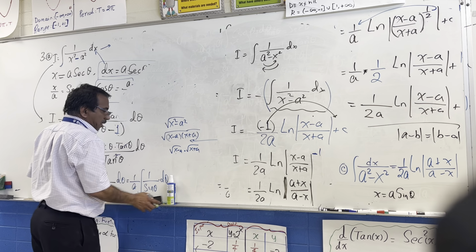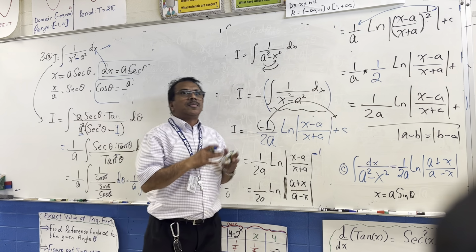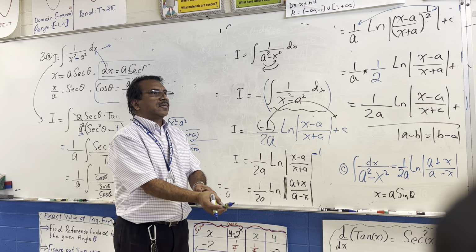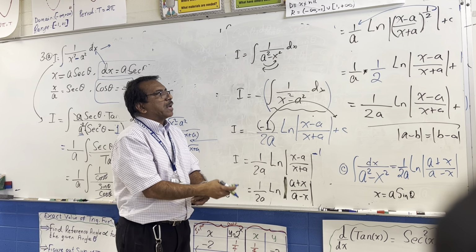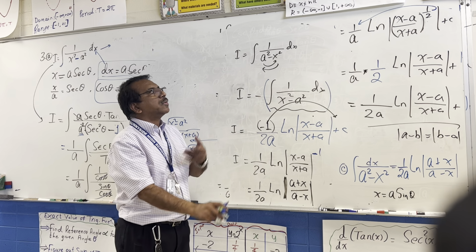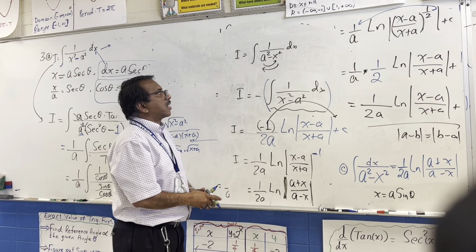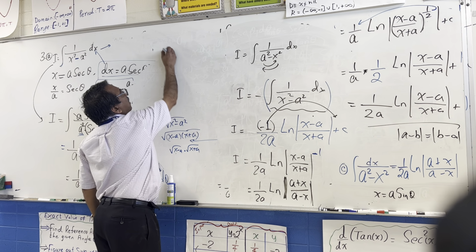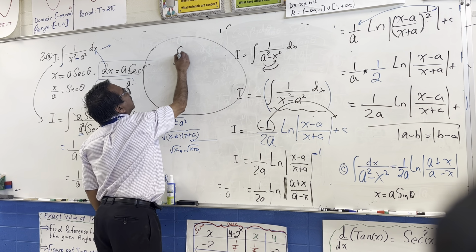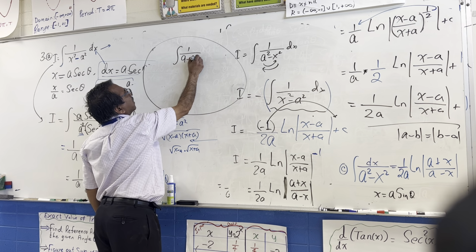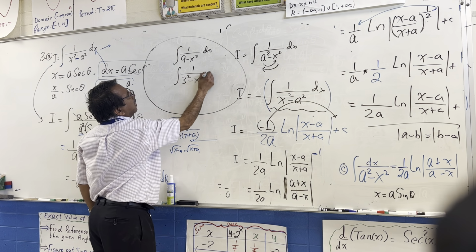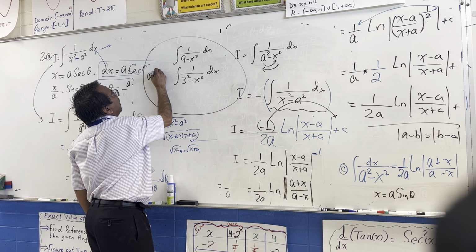So my aim for this video was to show why this formula exists. The goal of making a lot of videos is to prove how these formulas came about. Like in this example, if there is a question of the integral of 1 over 9 minus x squared, what is the answer? You write 3 squared minus x squared, so a is 3 here.